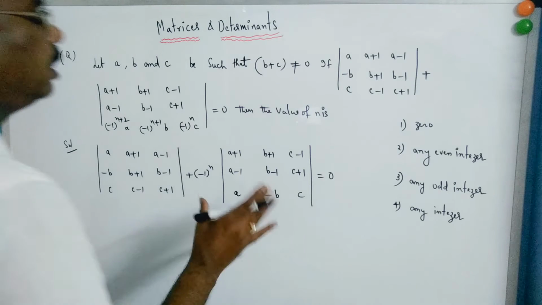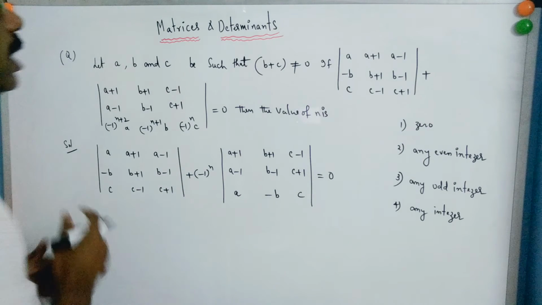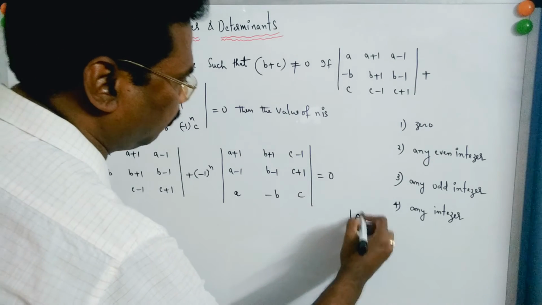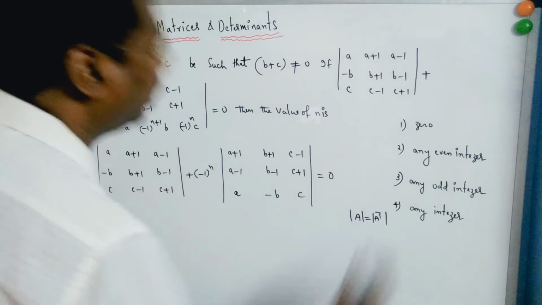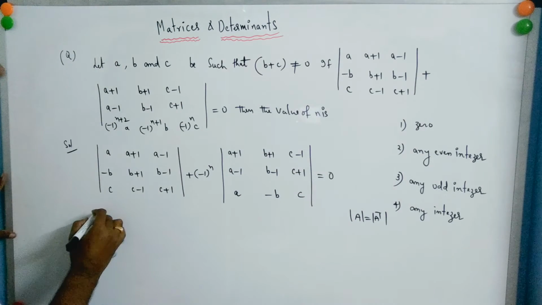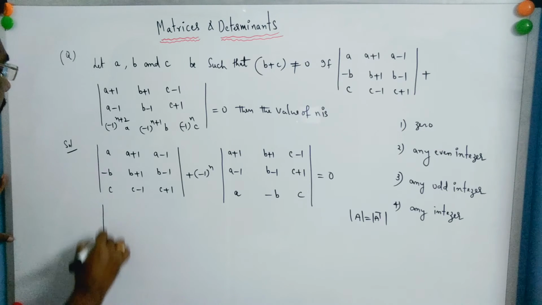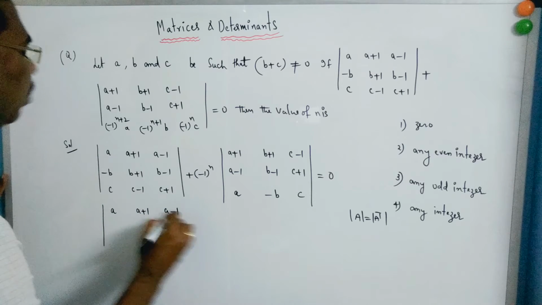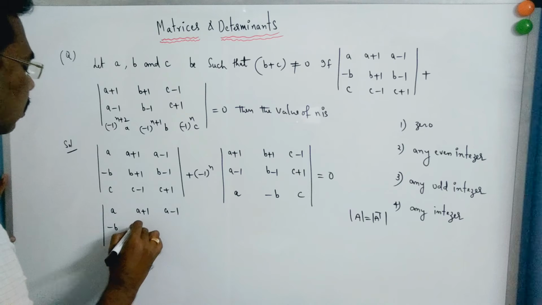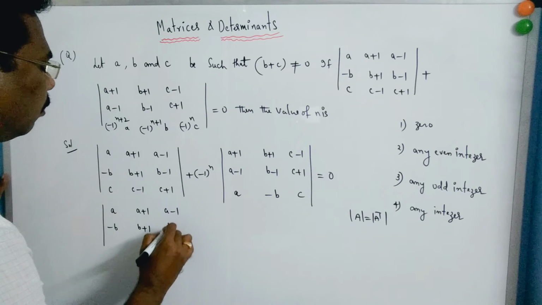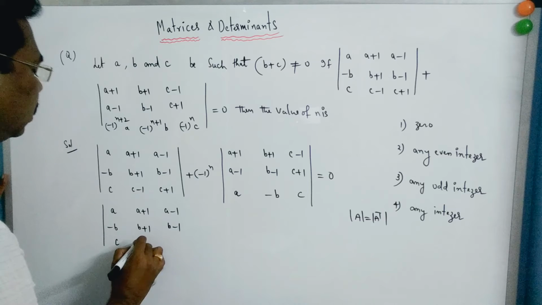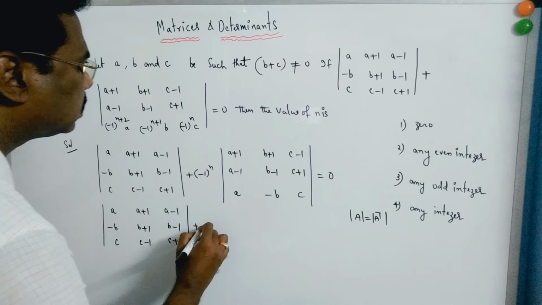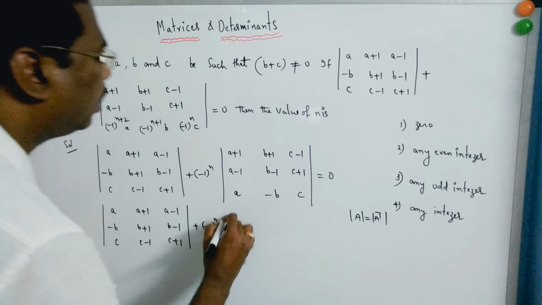Okay, now next one, det of A is equal to det of A transpose. Now here minus A, now A plus 1, A minus 1, minus B; B plus 1, B minus 1, C; C minus 1, C plus 1, plus minus 1 whole power n.